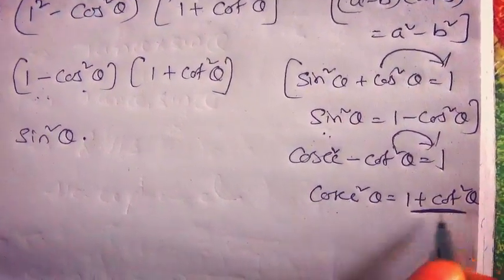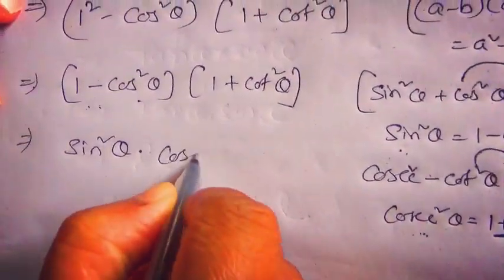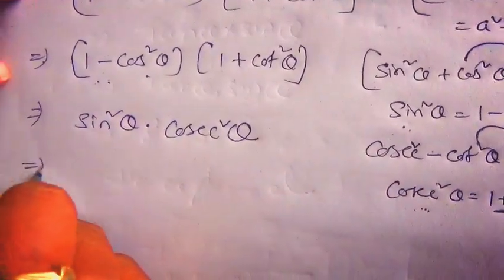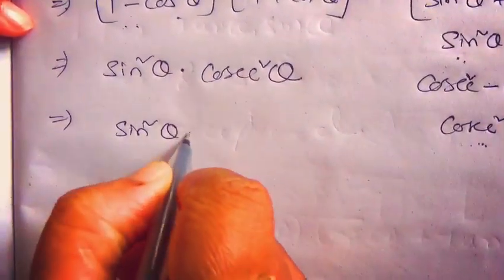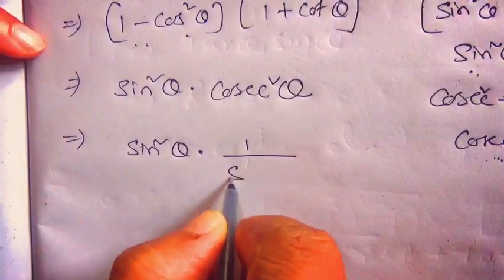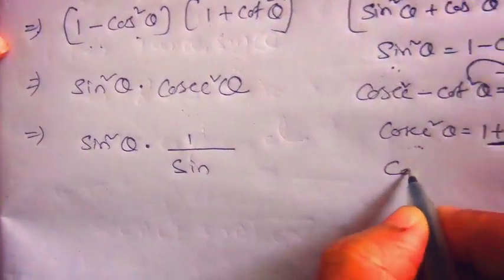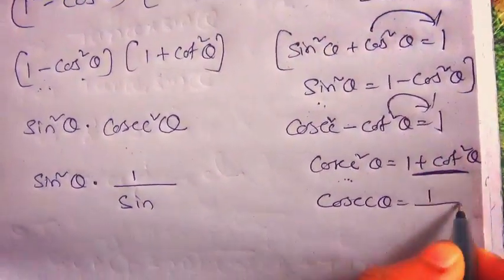So in the place of 1 plus cot square theta, cosecant square theta. That is equal to sin square theta into 1 by sin square theta. Why? Because cosecant is nothing but 1 by sin.